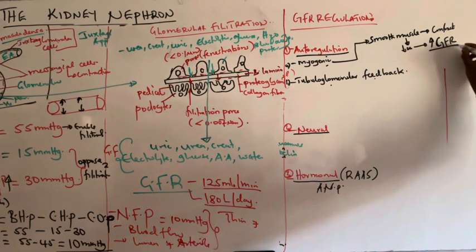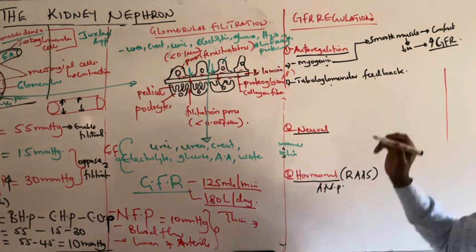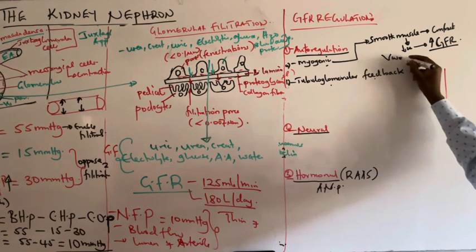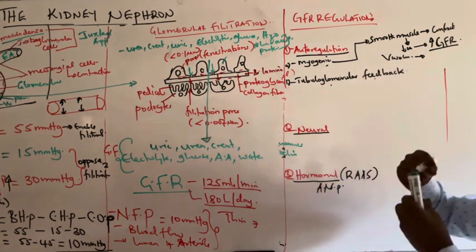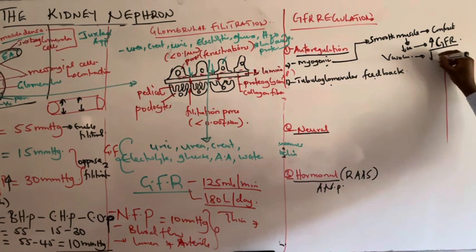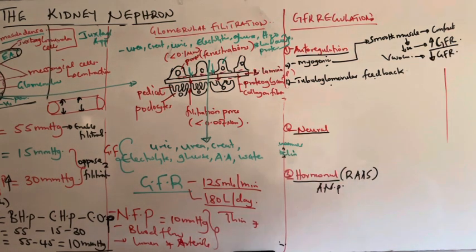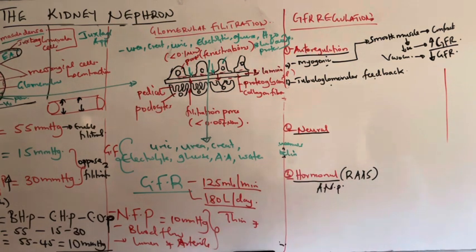Vasoconstriction causes the narrowing of the arterioles, and when arterioles narrow, they lead to reduced GFR. And that is how myogenic, or smooth muscles, control GFR.